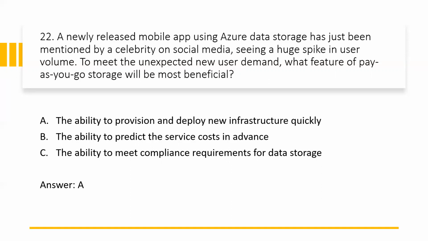A, the ability to provision and deploy new infrastructure quickly. Yes, right. Azure elasticity. A primary benefit of using a cloud service is elasticity. So here is the right answer, A, the ability to provision and deploy new infrastructure quickly to support the demand.